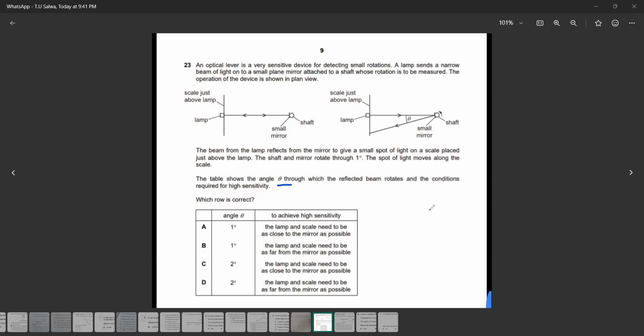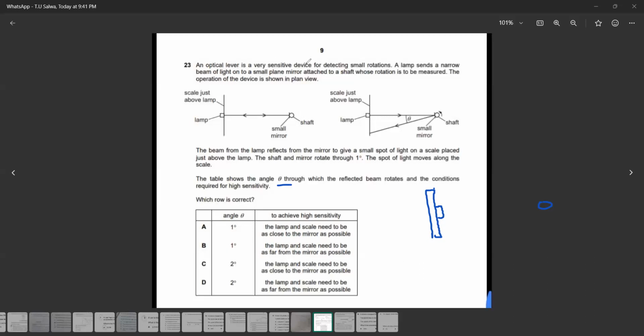If they're as close as possible, then what will happen? The angle we measure, because here it is representing a lamp. This is just to measure the angle as accurately as possible.